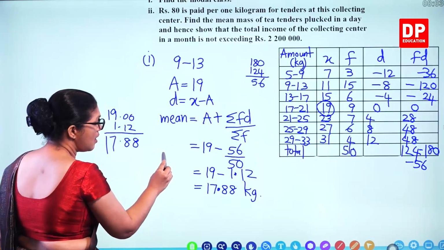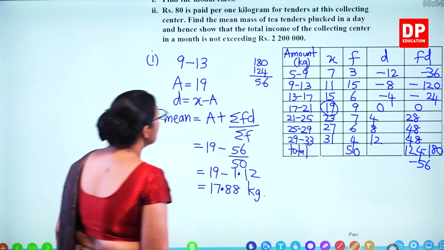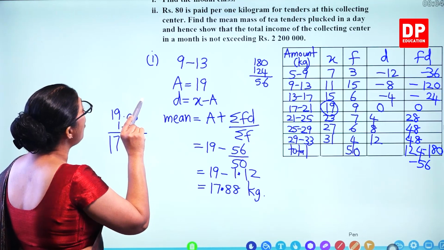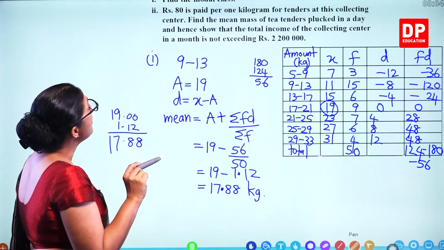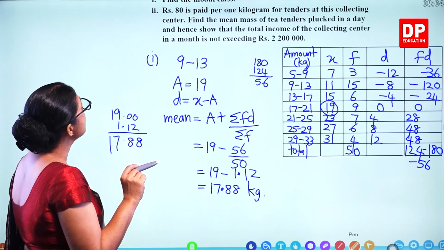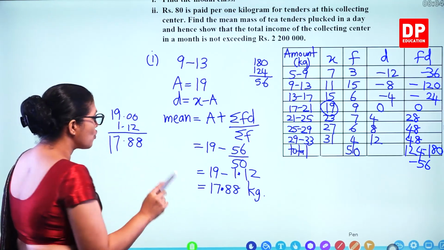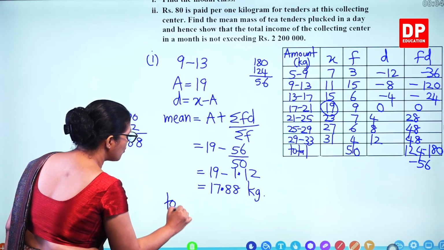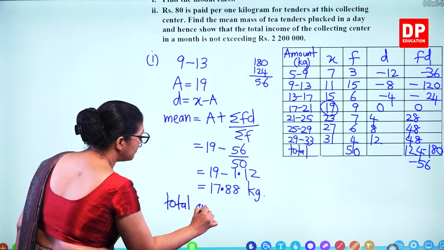Okay, so here what's the amount paid for how many months? Total income of collecting center in a month. So month means 30 days. So total amount you can find.